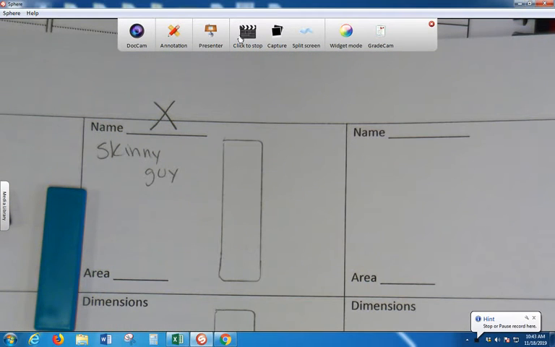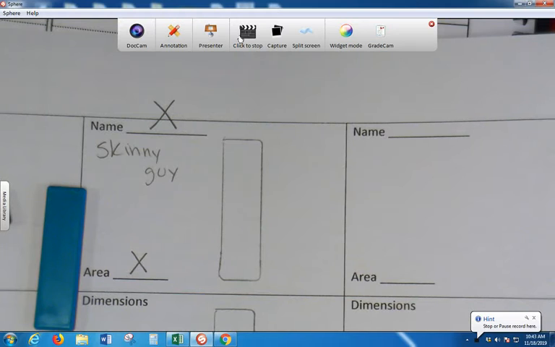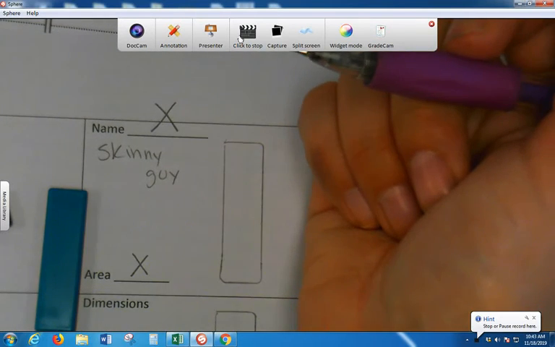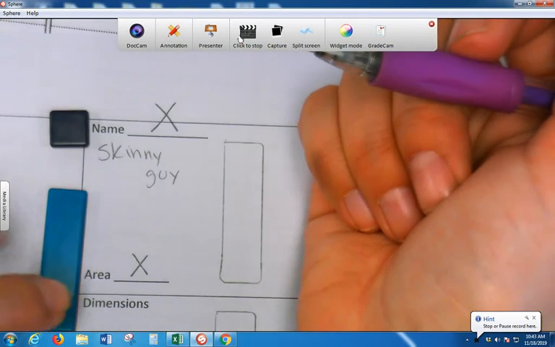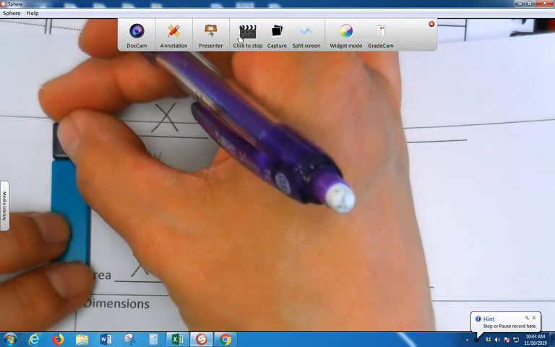Alright. The area of this shape is X, and I'll prove to you why. Okay? No lines. Take your 1 and put it on top of your X. Stack them on top of each other, because I want to know the dimensions.